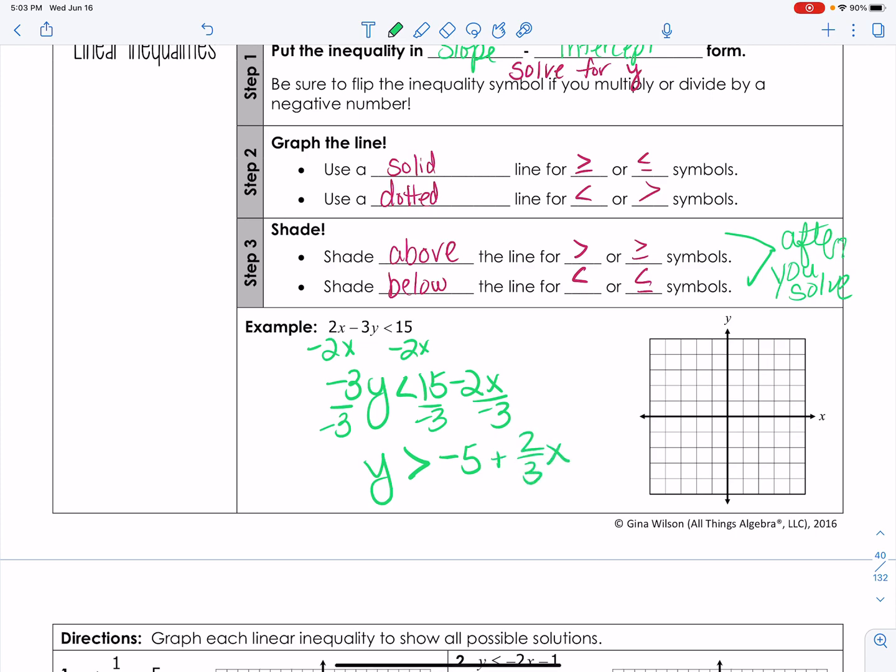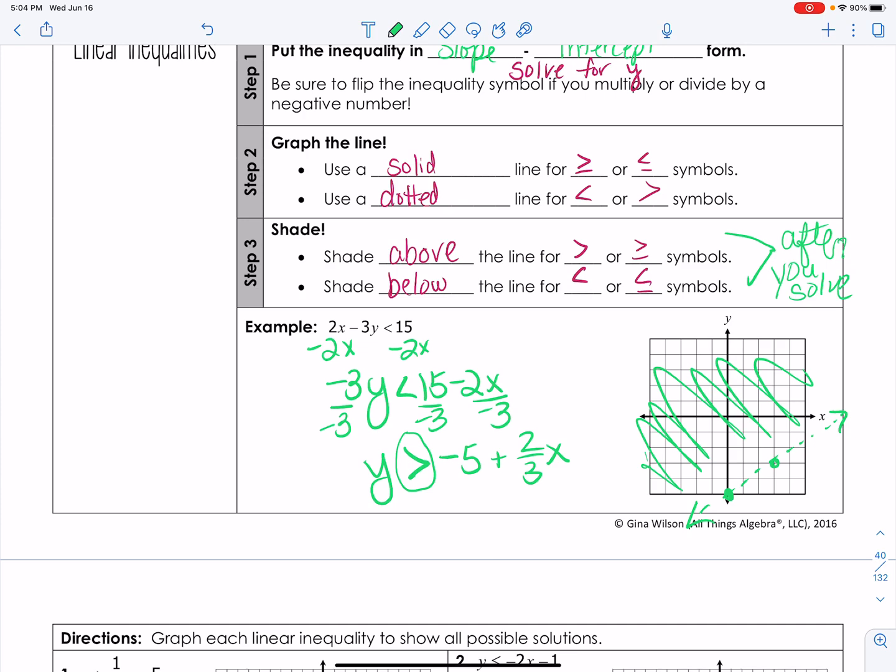Okay, we've been graphing, so you go through at a negative 5, and you're going to count up 2 over 3. Okay, it does not have an equal to sign on it, so I'm going to make a dotted line. And then you're looking at it, it's greater than, so you're going to shade above the line.